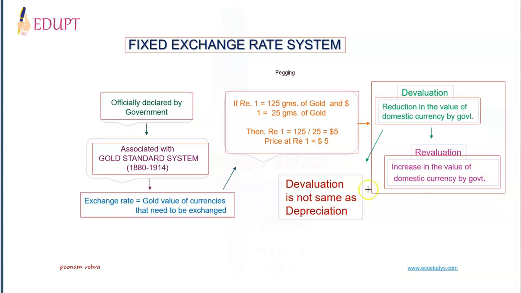One needs to take note of the fact that devaluation is not same as depreciation. Devaluation is fall in the value due to government, whereas depreciation is fall in the value of currency due to the market forces of demand and supply.